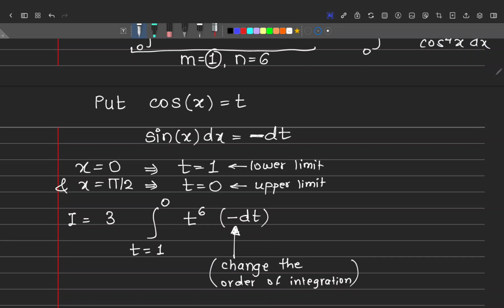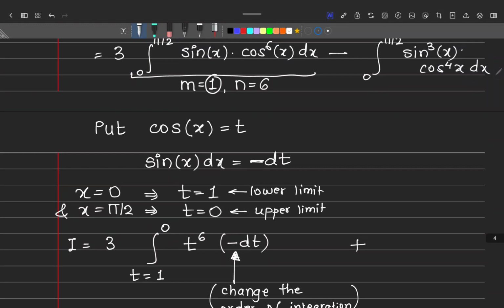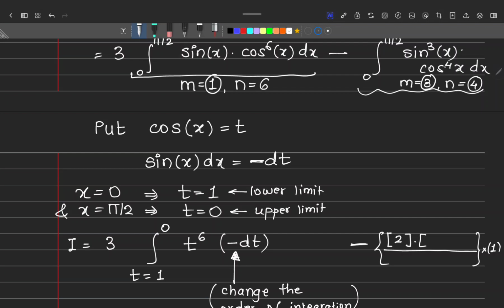Then what about the next integral? Here the sign in between the two integrals is minus, so we keep that minus sign, and here we can apply the reduction formula. So check, the value of m is 3, which is an odd number, and the value of n is 4, which is an even number. So after this bracket we have to take 1 as per the reduction formula. In the first bracket we start with m minus 1, which is 2, and for n we start with n minus 1.